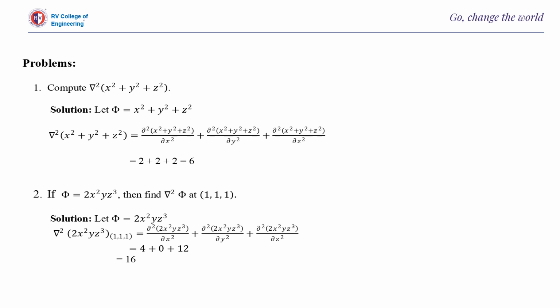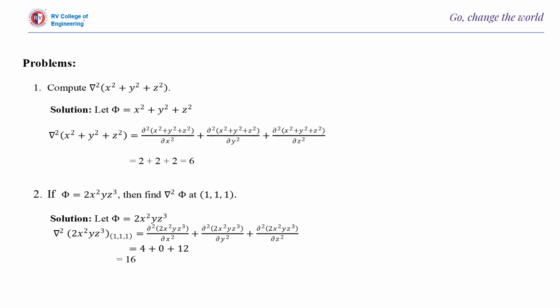Let me see a few problems on the Laplacian operator. Compute the Laplacian of the scalar function x squared plus y squared plus z squared. Let me consider the function, and the Laplacian operator will be applied on the scalar function.